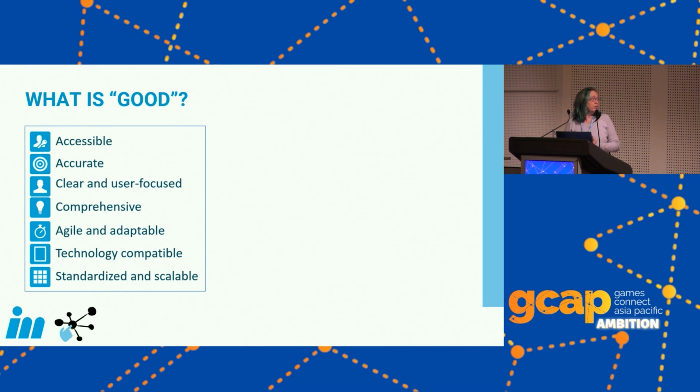It's clear, obviously, and user-focused, like who reads this? Is it for the player? Is it for internal game designers? Is it for people who support the players? Who it is for is going to define how you write.